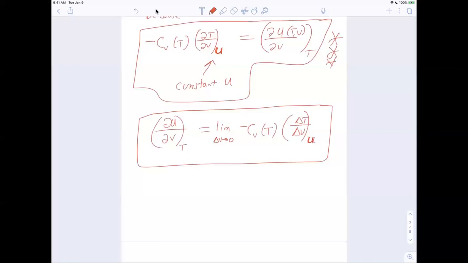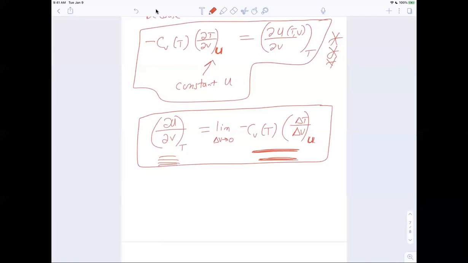And then when we take the limit of this product as delta V goes to 0, based on our experimental setup, we can extrapolate to delta V equal to 0, and we get this partial derivative that we had no idea of how to get beforehand.